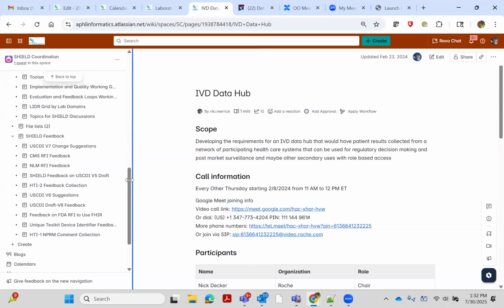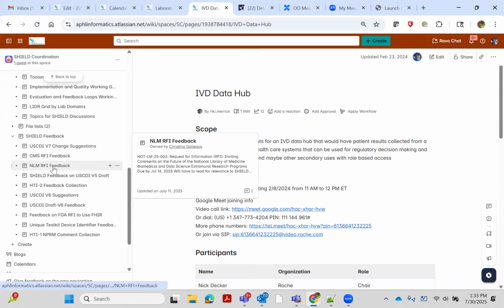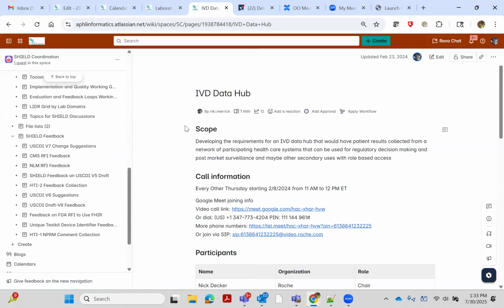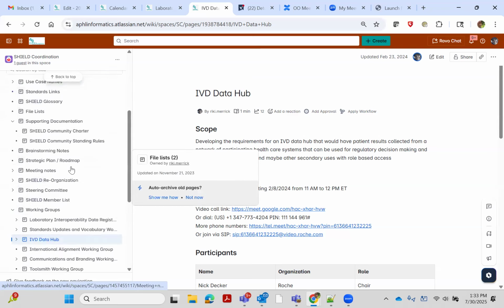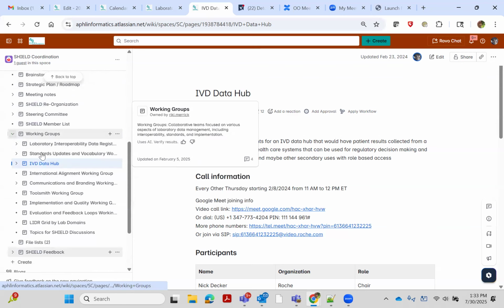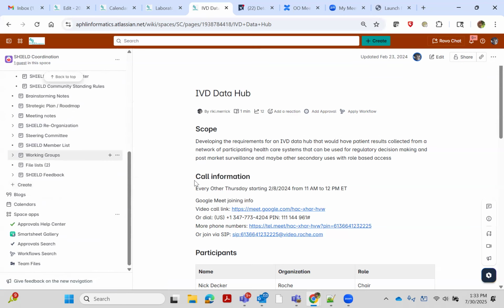Because the Shield Steering Committee has to approve everything, sometimes that step doesn't get done in time. So then official feedback is not submitted, but the feedback's still being collated. So people could still read it, even if it's not officially submitted. Anyway, that's Shield. Any questions on Shield?